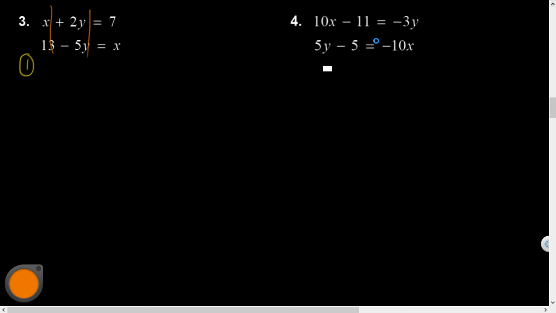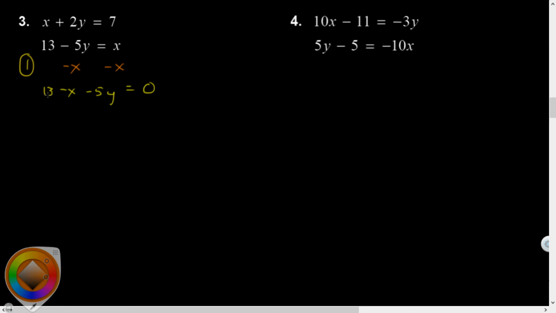So what I would have to do is I need this x over there. So I'll subtract x from both sides. We'll do this one step at a time. So I'll have 13 minus x minus 5y equals 0. And I want to move this 13 to the other side. I'll go slower on this one because you should see how this one works out.